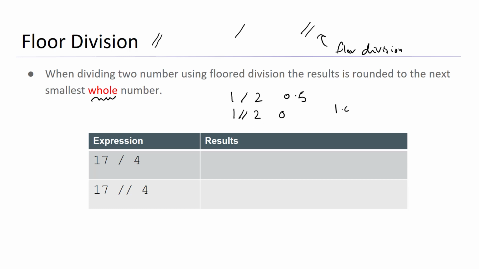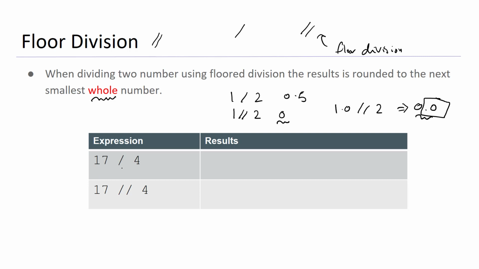However, if you do 1.0 and do a floor division over 2, the result of this should be 0.0. So the result is not always an integer, however, it's always rounded to a whole number. So the fraction part is always going to be a 0.